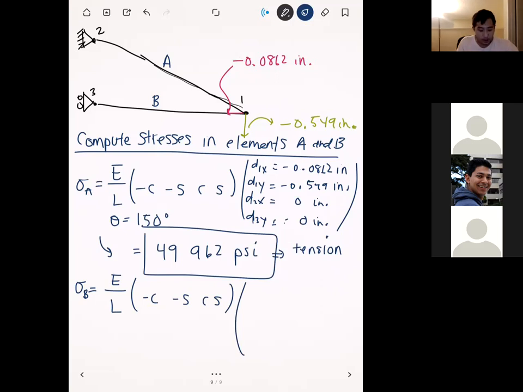Quick question. How did you get the psi again, the 49,000? So what you have right here is a 1x4 vector, and here you have a 4x1 vector. And so all I did was perform the vector-vector multiplication.